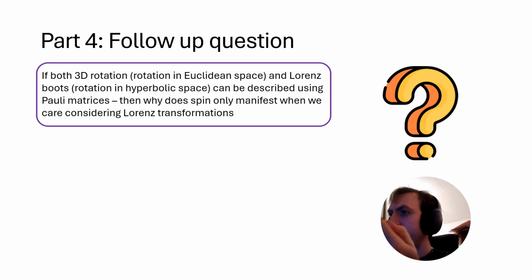Why is spin so different from Euclidean rotation? Why can't we have quantum spin when we just consider rotation and don't worry about Lorentz transformations or relativity? After all, we're expressing the generators for both in terms of Pauli matrices.